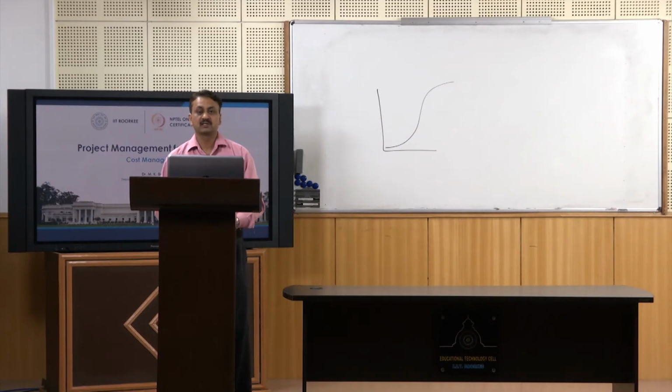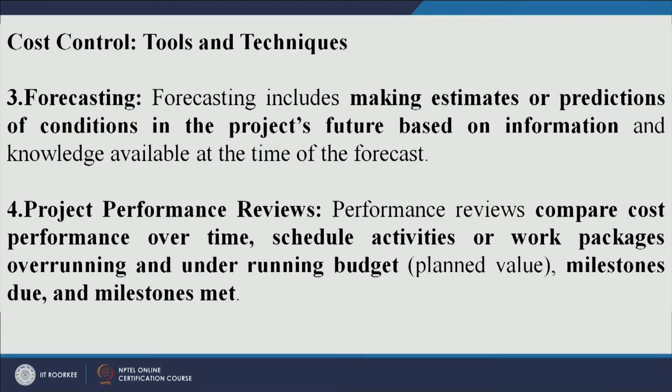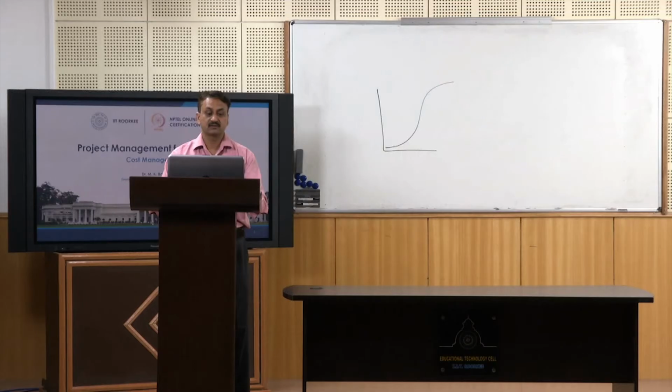You can use different forecasting methods to control cost, and you have project performance reviews. Performance reviews compare cost performance over time, schedule activities or work packages overrunning and underrunning budget, milestones due and milestones met.